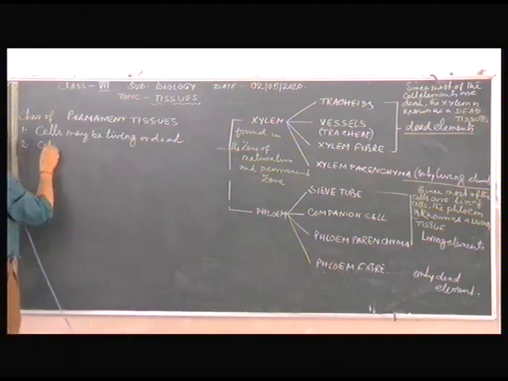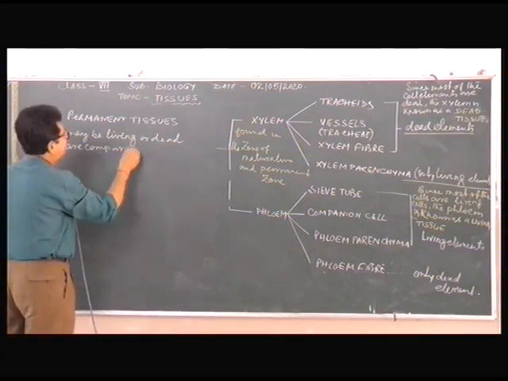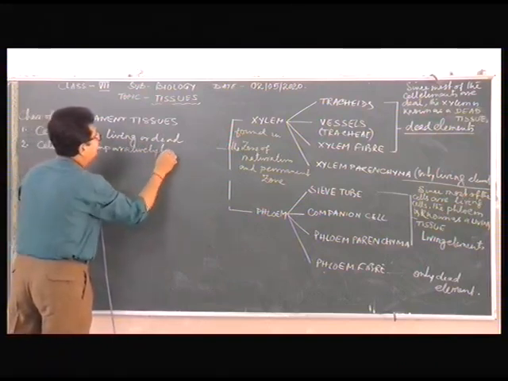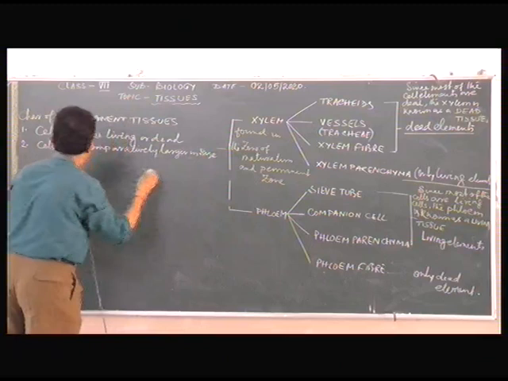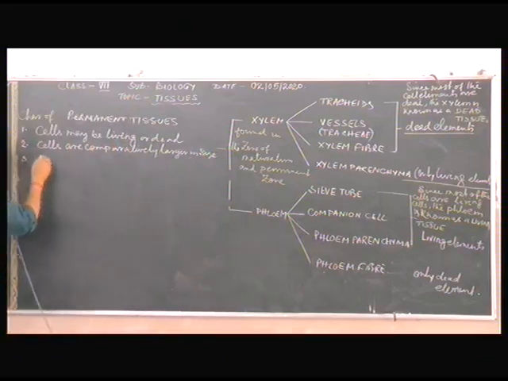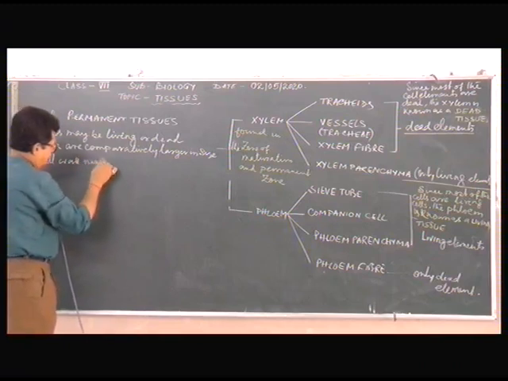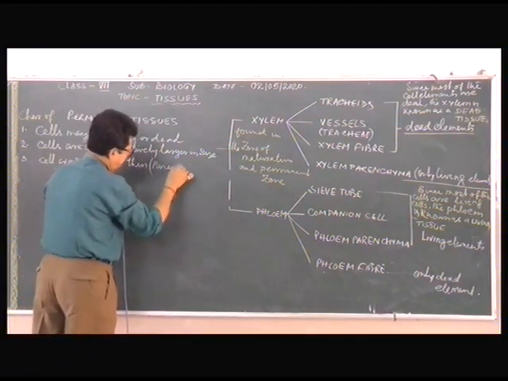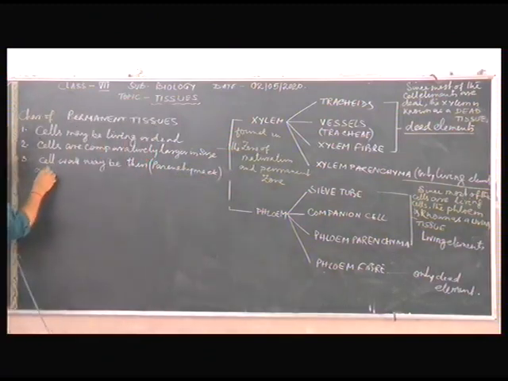Number 2, cells are comparatively larger in size. Number 3, the cell wall may be thin or thick.